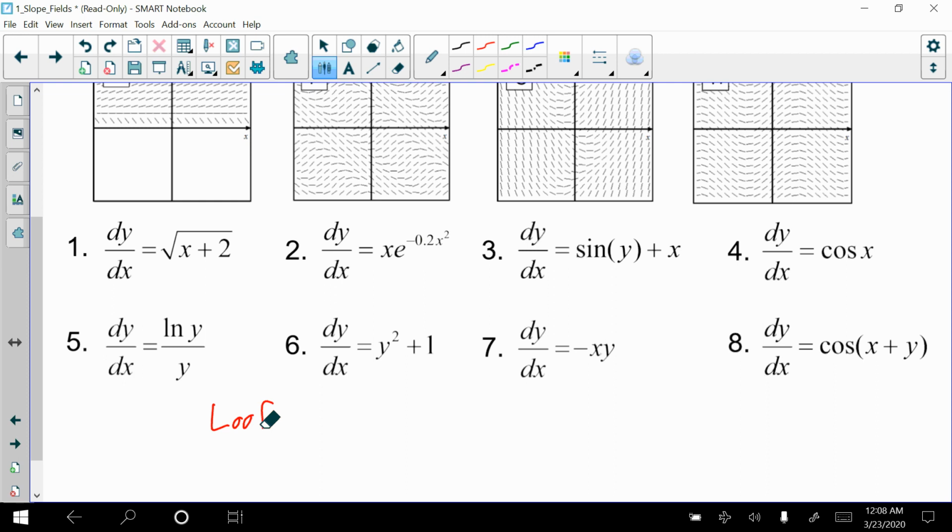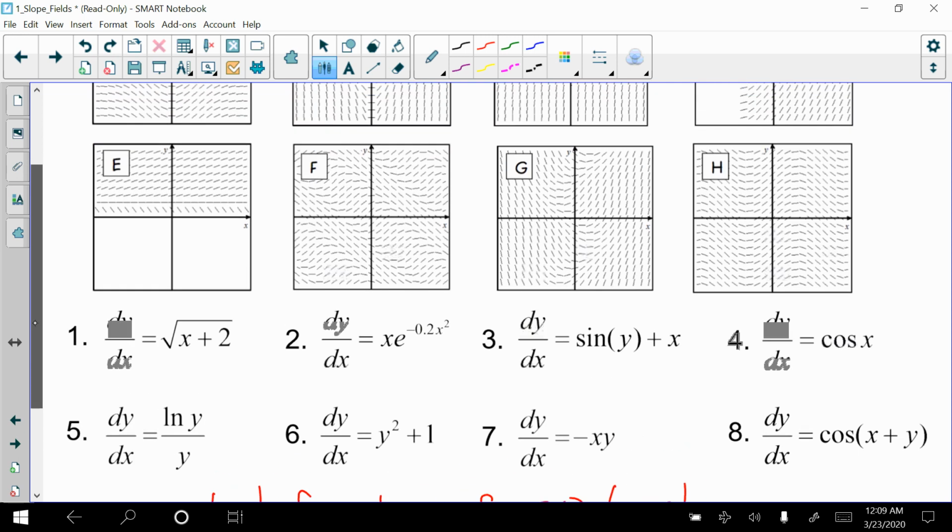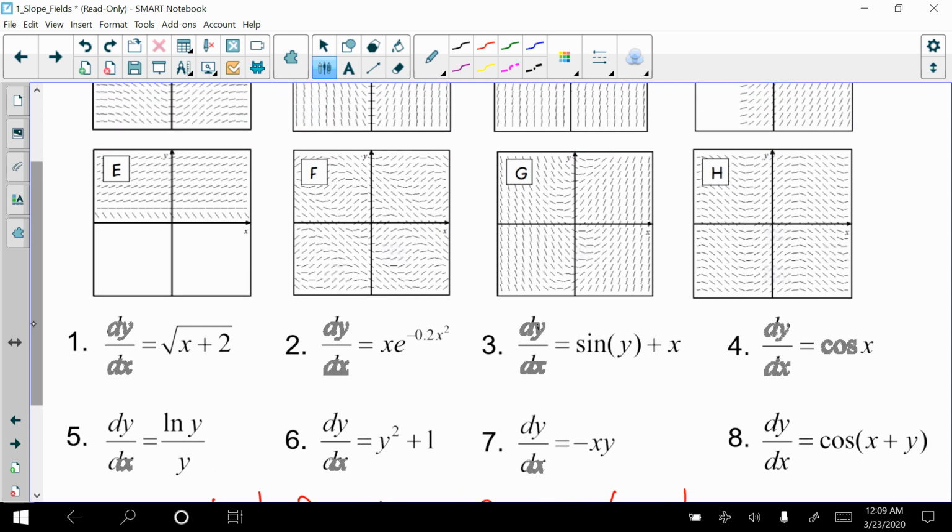Look for a slope of 0 or a slope that is undefined. Something where I have a horizontal line and a vertical line, because those are going to be our key things here. So let's take a look at example 1.